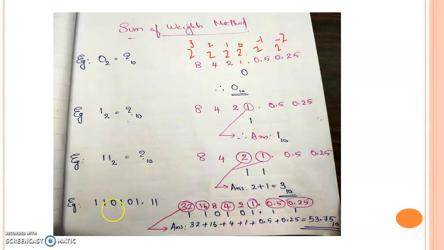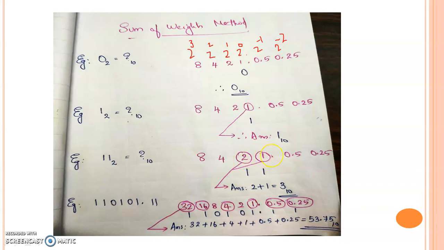What about 11 to the base 2? When you represent it in the 8 4 2 1 format, this portion has the value 1, and this weight portion also has the value 1. So you need to add up these two weights.